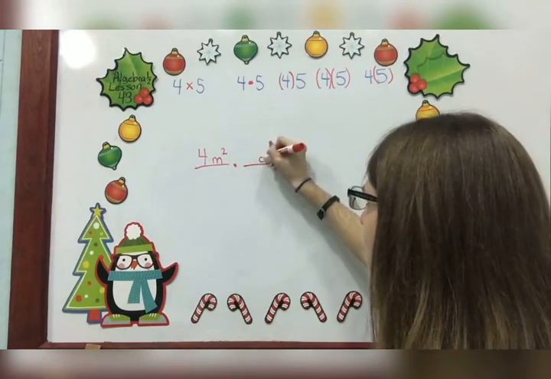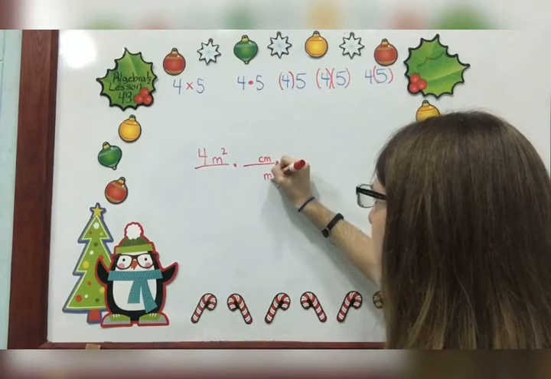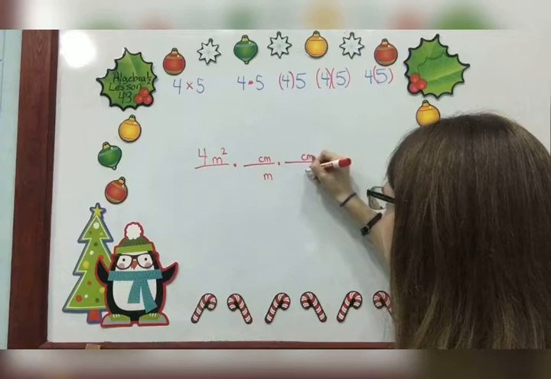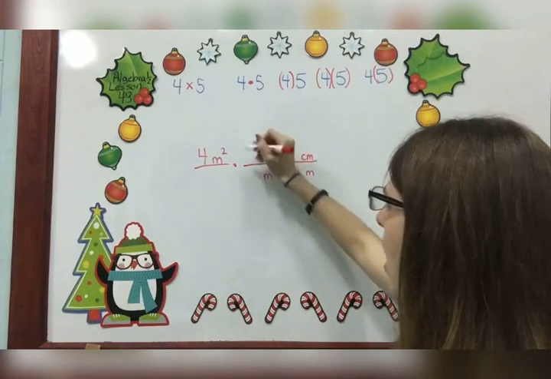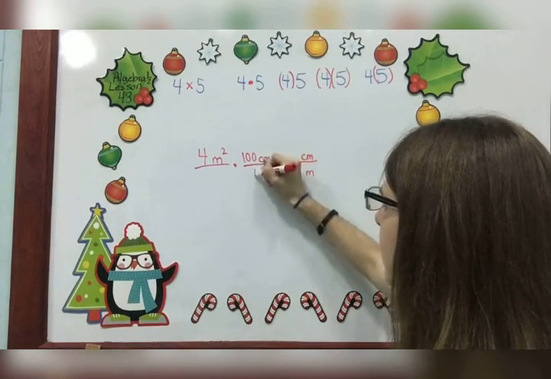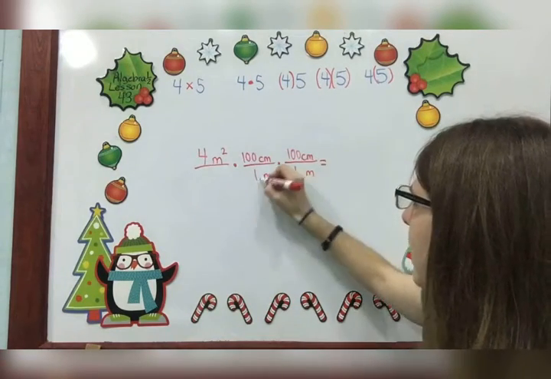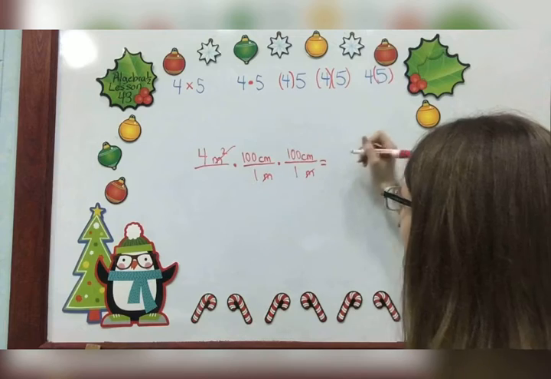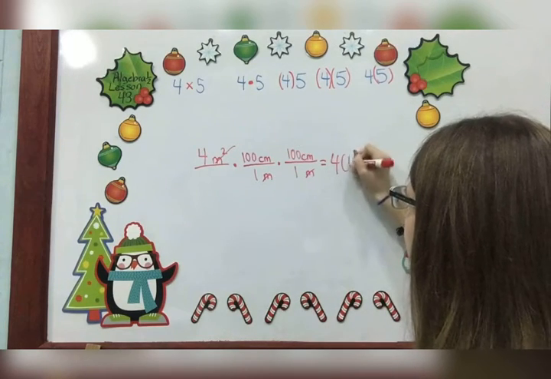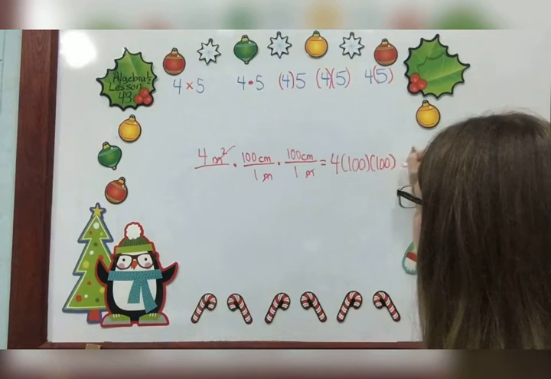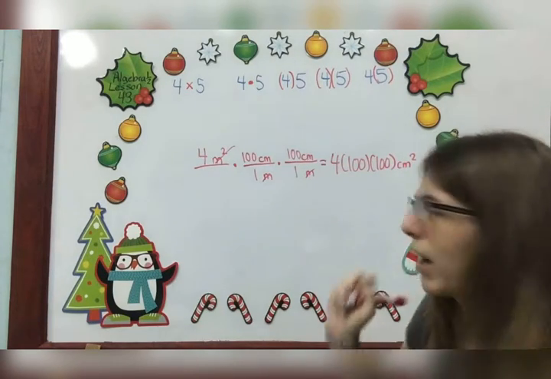So I'm going to centimeters from meters. Since it's a squared unit, I have to have 2 unit multipliers. I know that I have 100 centimeters in a meter. So that means that cancels out my meters. I have 4 times 100 times 100 centimeters squared.